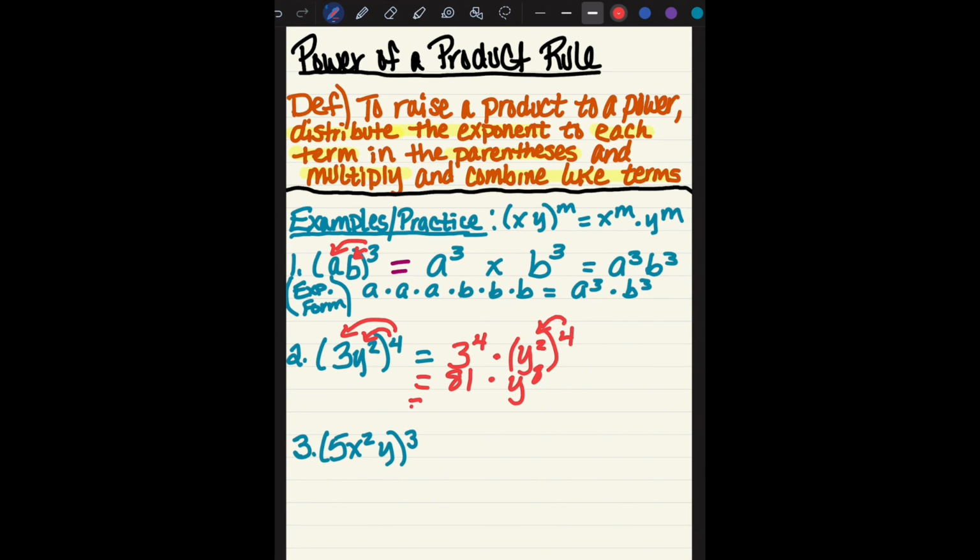Last step, we combine these terms. Our answer is 81y to the 8th power for number 2.